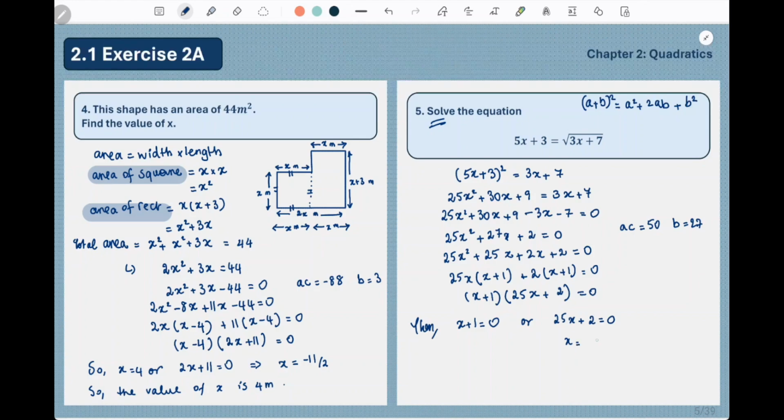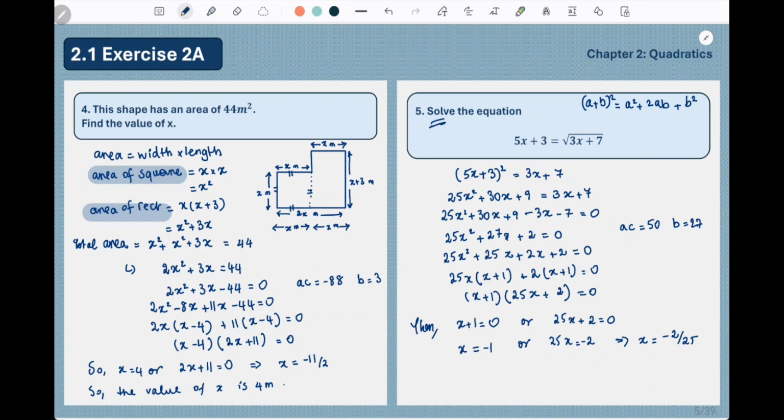Solving again, this one is x equal to minus 1, and this one is 25x equal to minus 2, so we divide both sides by 25 so we can isolate x, and x equal to minus 2 over 25.